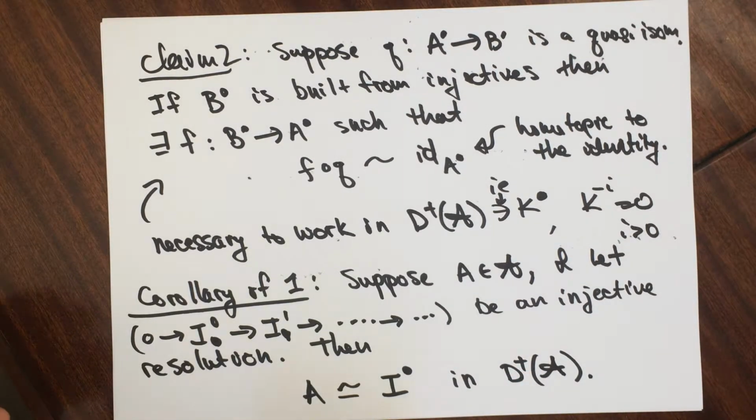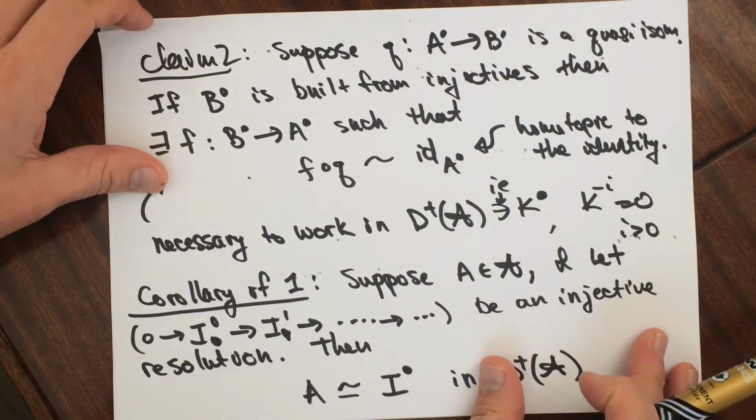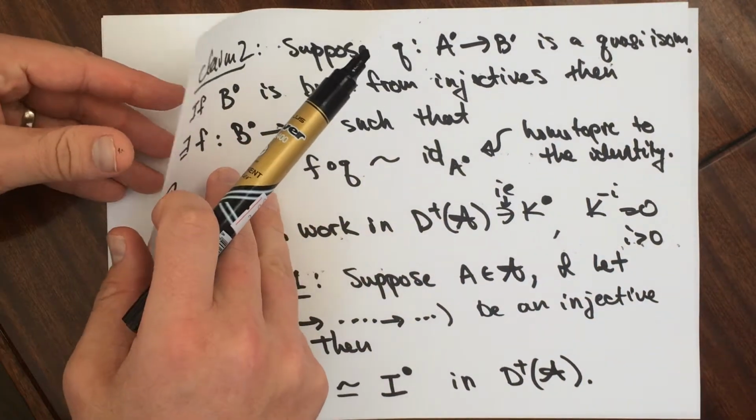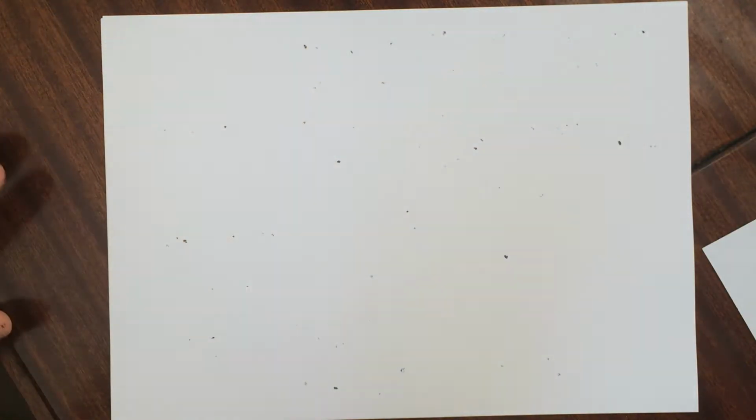This is the statement that an object is quasi-isomorphic to its injective resolution. Let's do the proof.